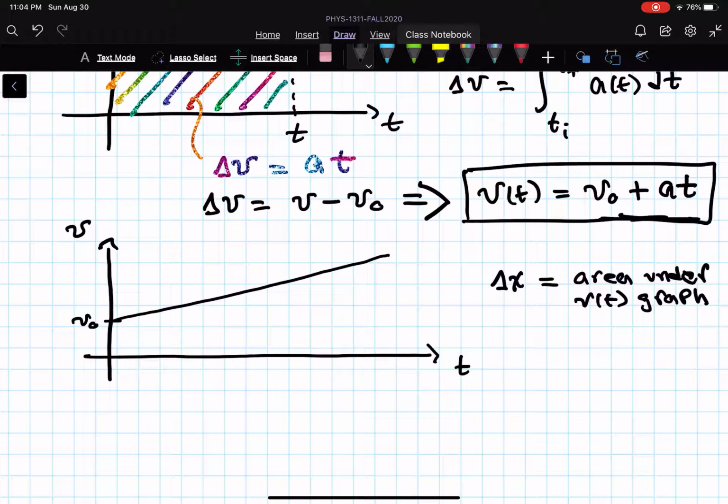Now that area is formally defined as, again, the integral from t initial to t final of v of t dt. So I have to calculate the area under this line, and the easiest way to do that is to break it up into two pieces.